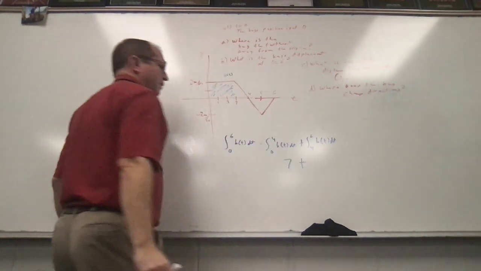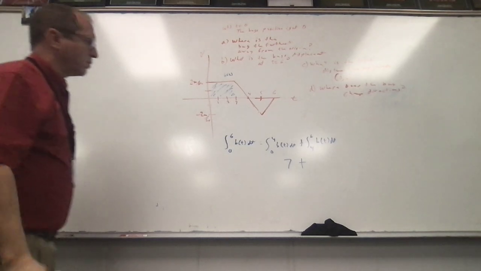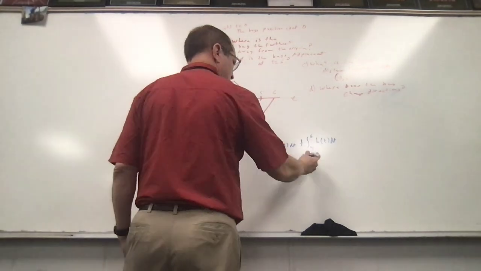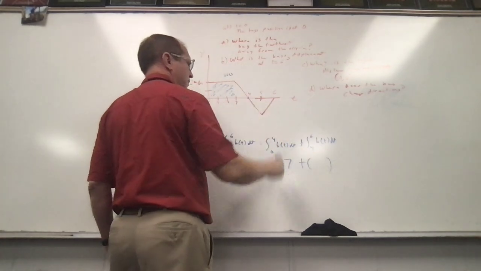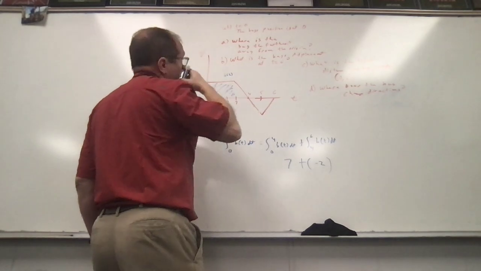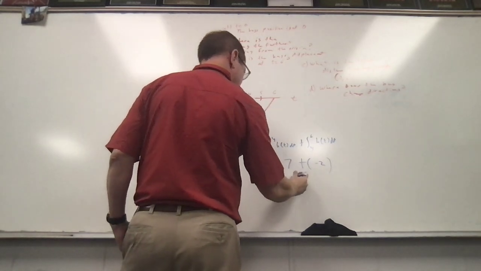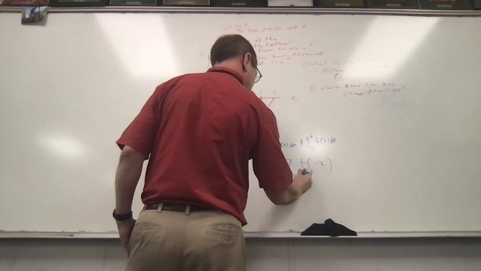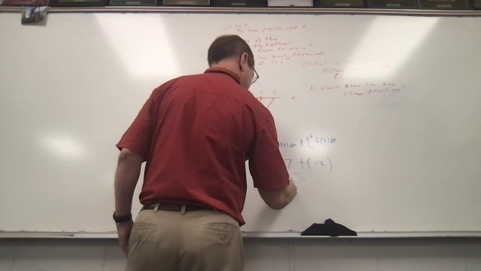Plus, now, again, we get a negative area here. It's 1/2 base times height because it's a triangle. So we get what here for b of t? -2. So the antiderivative of this function is 5.